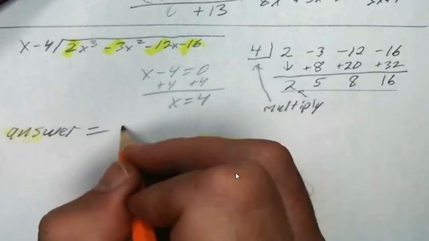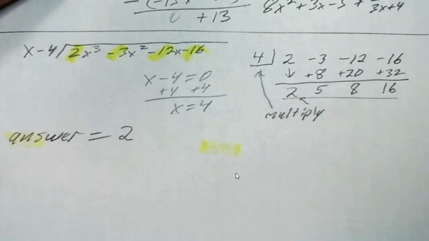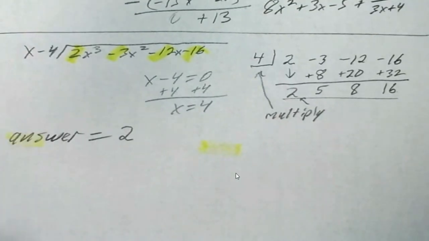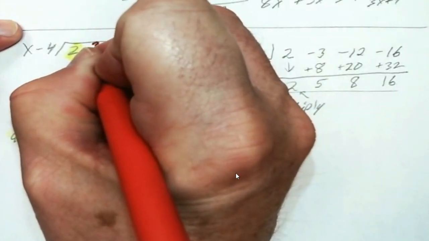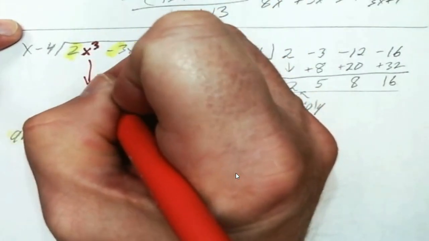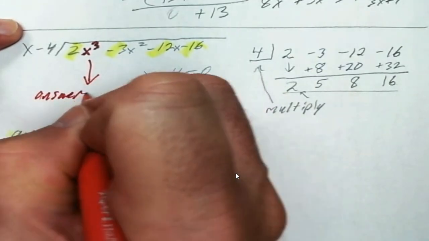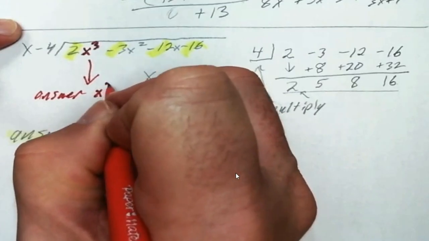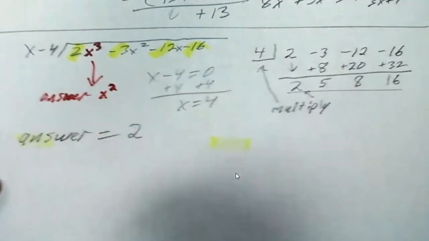The first coefficient is a 2. Since this was an x to the third, the answer starts with x squared, 1 less.